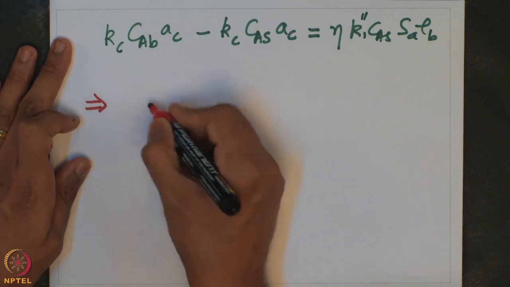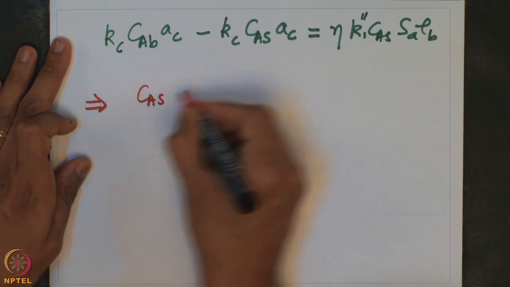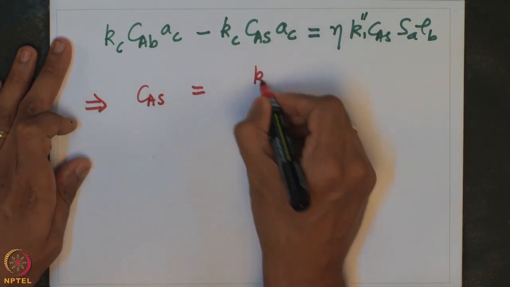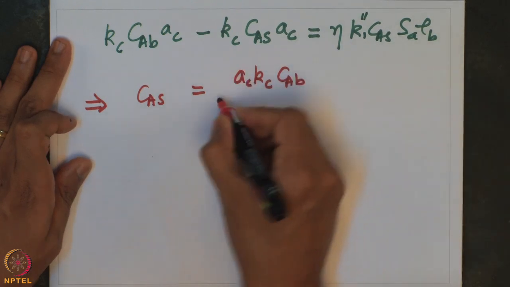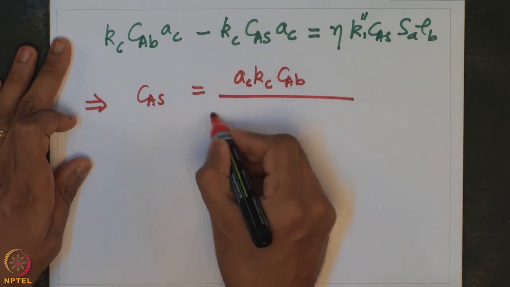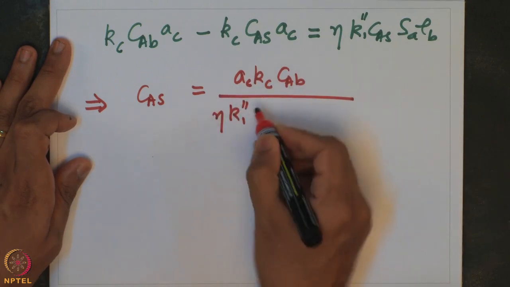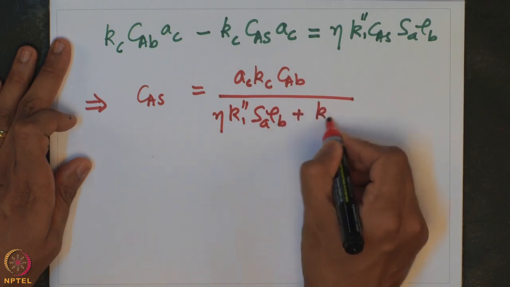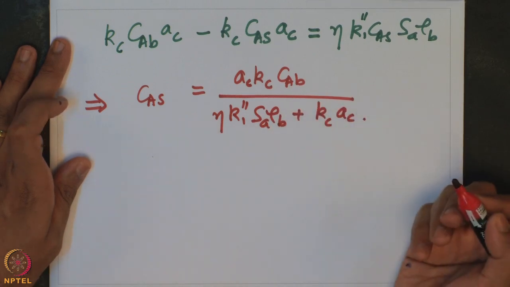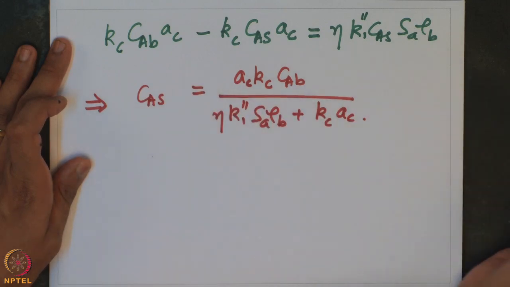From this we can find that C_AS is essentially equal to Kc into C_AB multiplied by A_c, divided by eta K1 double prime S_A rho_B plus Kc into A_c. So, the concentration of the species at the surface is given by this expression.